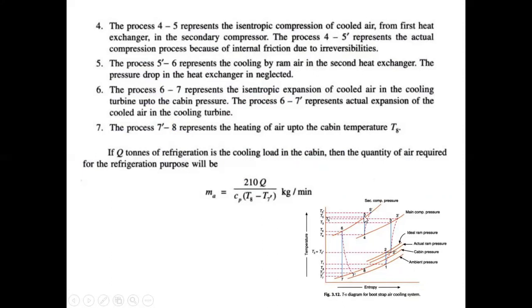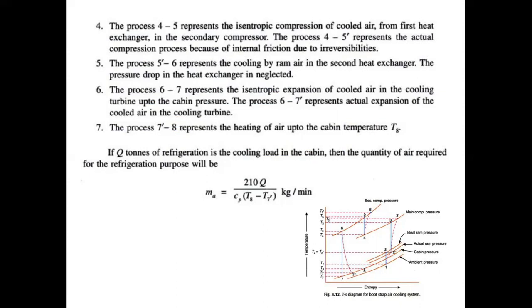And we are passing this to the second heat exchanger, where ultimately the temperature decreases but pressure remains constant, and ultimately it passes to the turbine, or say it will be passed to the expansion valve, and ultimately the pressure decreases from P6 to P7.